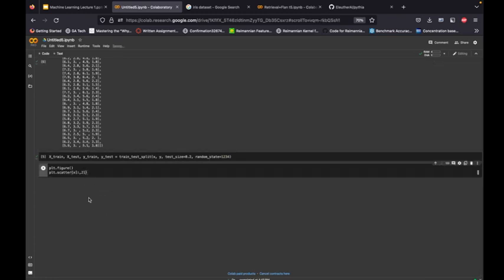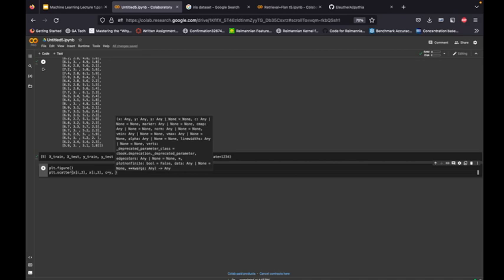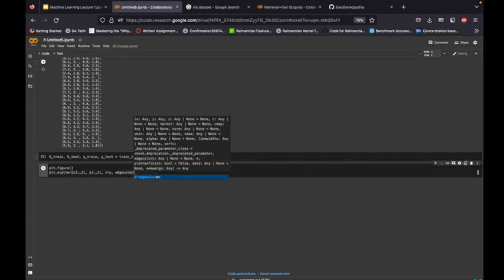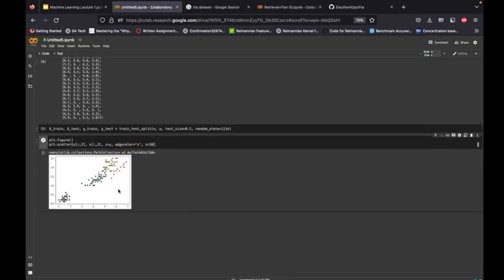So this is going to be the X, and this is going to be our Y. It's just some parameters that the method requires. That's what this looks like.